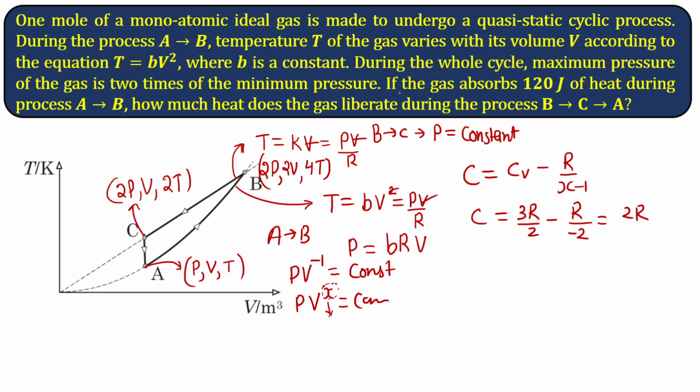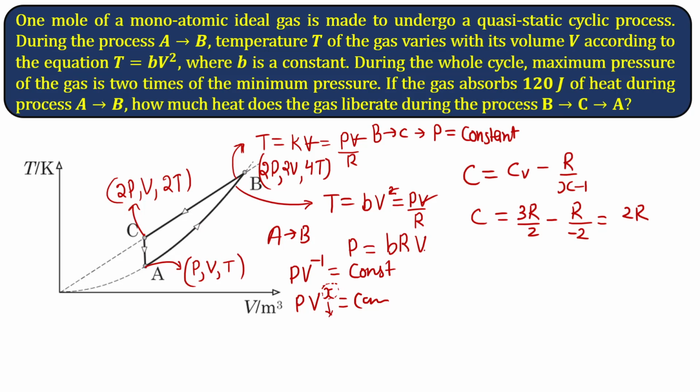It is given that the gas absorbs 120 joule of heat during the process A to B, right? So during the process A to B, the change in temperature is going to be 4T minus T, that is the final temperature minus the initial temperature.